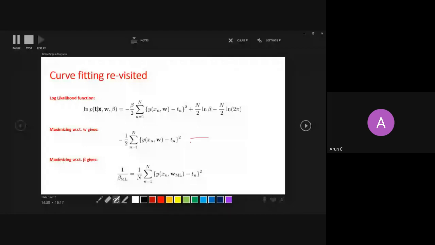You remember that. Then I am saying that maximizing the log likelihood is nothing but minimizing the sum of square error. If both things are the same, then maximizing the log likelihood will also result in overfitting. That's what the conclusion is.